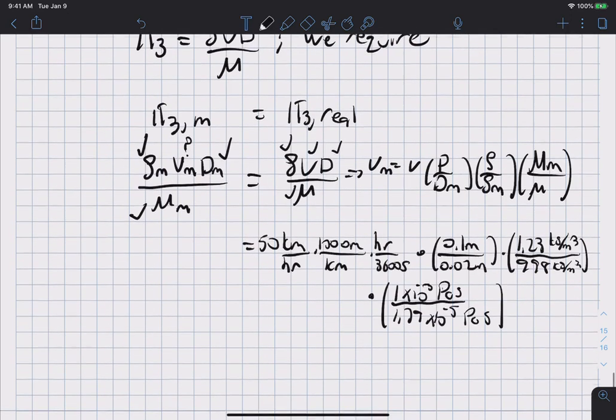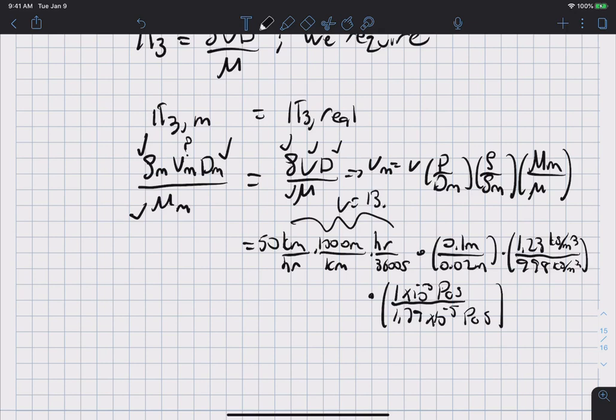Okay, and then this gives us, first of all, V of the air is equal to 13.9 meters per second. And Vm, what we set the velocity of the water to, is 4.79 meters per second.